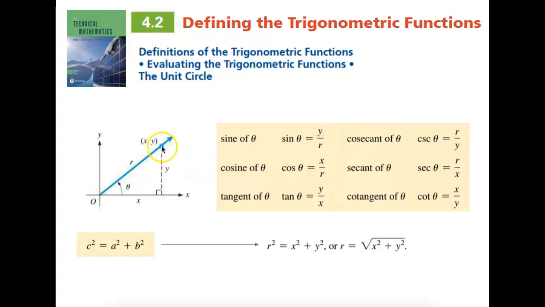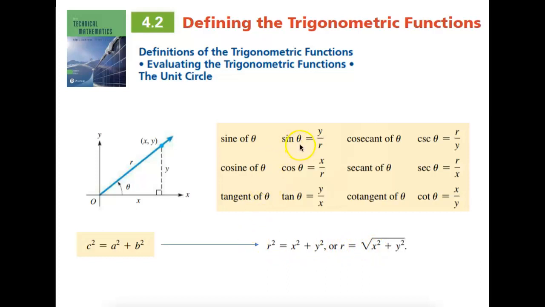Looking back at this terminal side, there is a point on the terminal side, the ordered pair x, y. Since this is a right triangle being formed, with leg x and leg y, to find r we say x squared plus y squared equals r squared. Solving for r, r is equal to the square root of x squared plus y squared. So we're using x and y, the ordered pair.